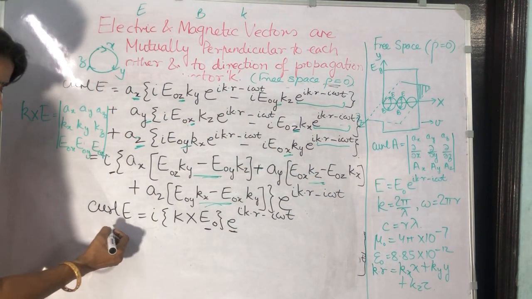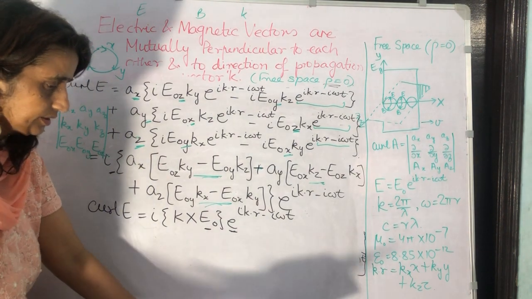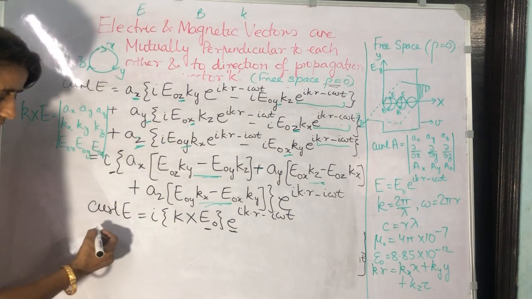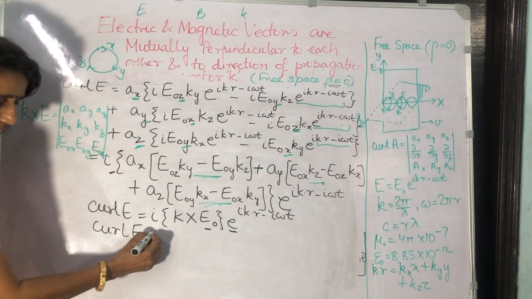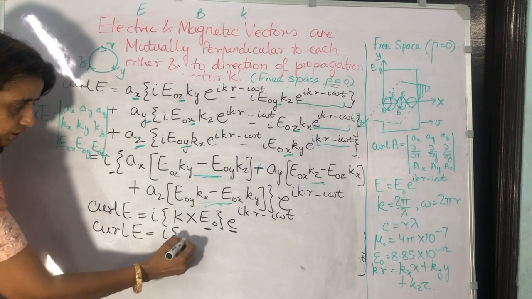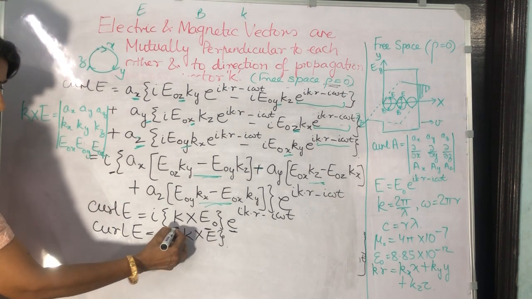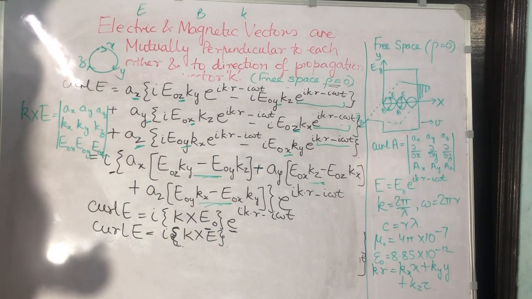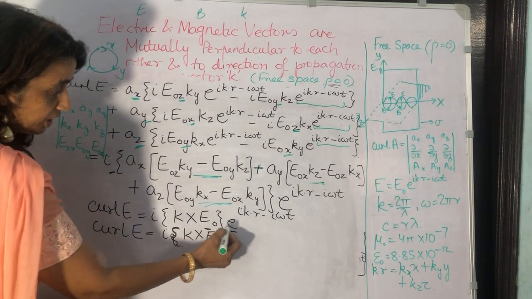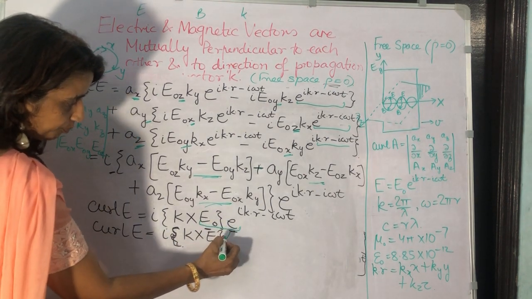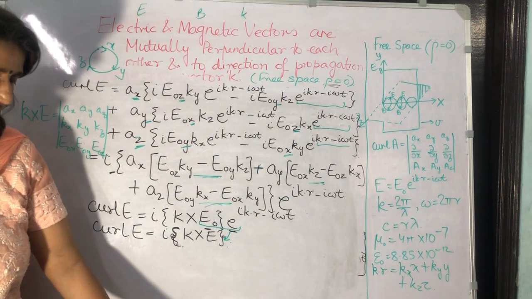So curl E is equal to I into K cross E, where K is the position vector and E is the electric field. What have I done? Instead of E naught and this much value, I have put E. So curl E is I into K cross E.